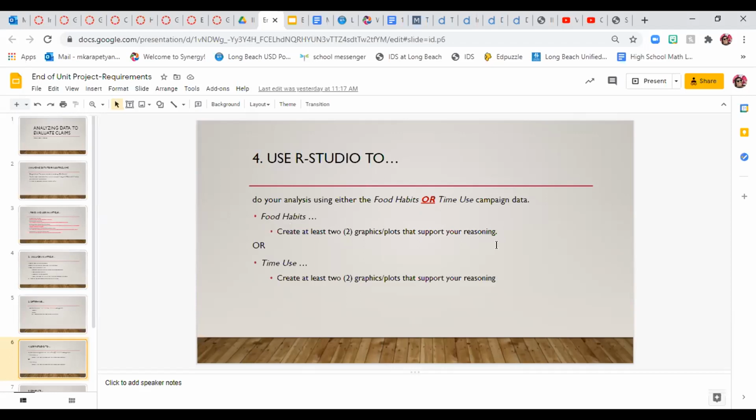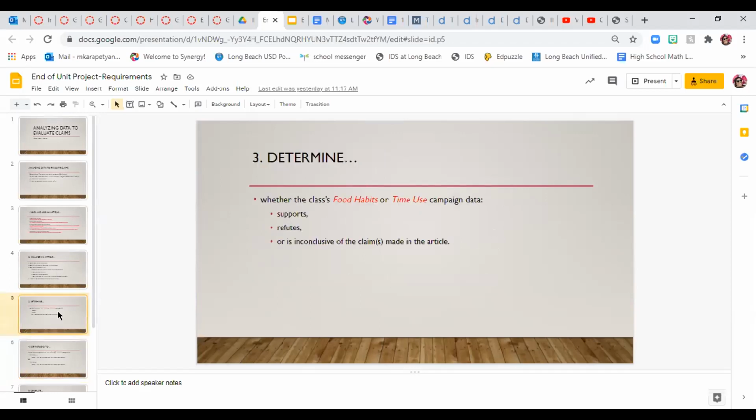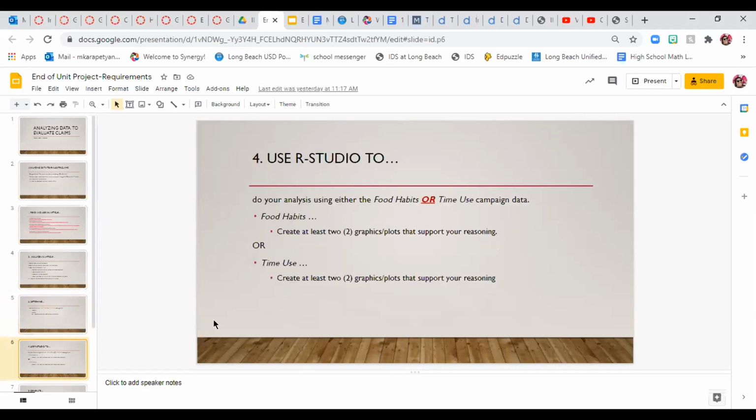That supports your reasoning for whether you're saying that our data supports it, goes against it, or it doesn't really prove one way or the other, right? So it's inconclusive. If your article was about time use, then you're going to use the time use data.